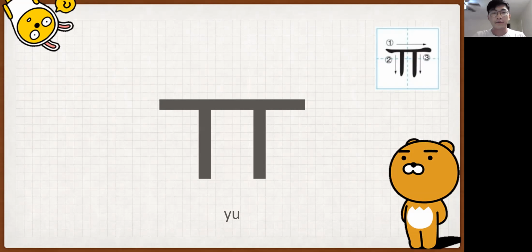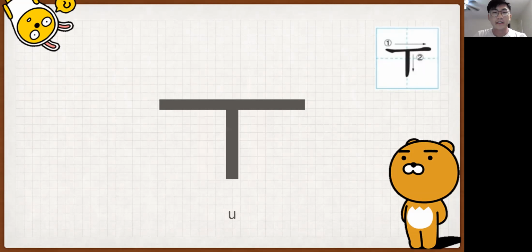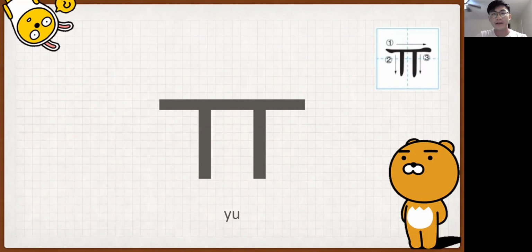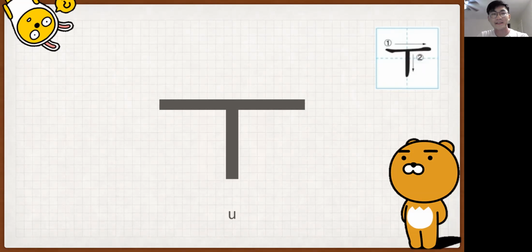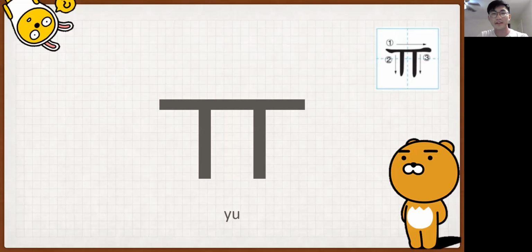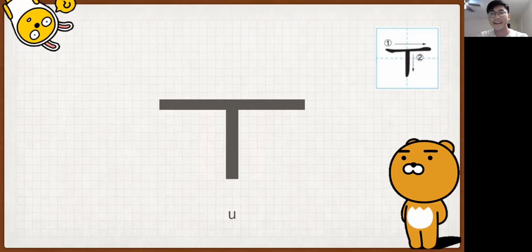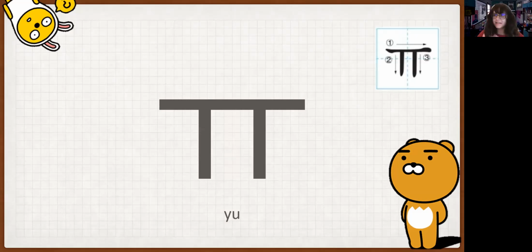If you add the consonant ieung, the circle, which I mentioned is silent, with u and yu, you know what that means in Korean? It means milk. Uyu means milk. So there you learned a word.